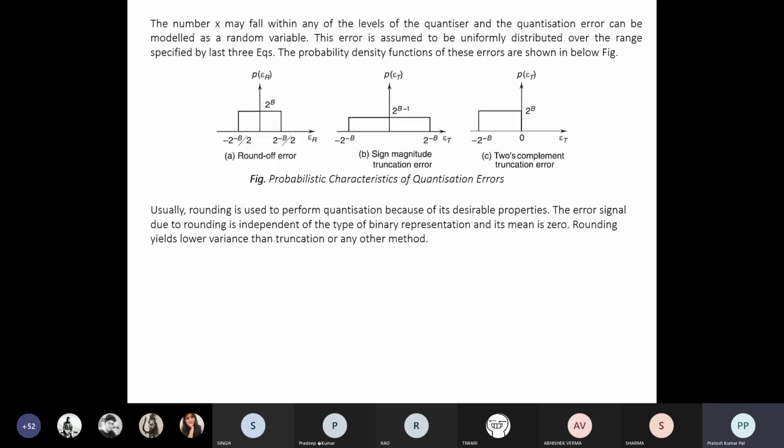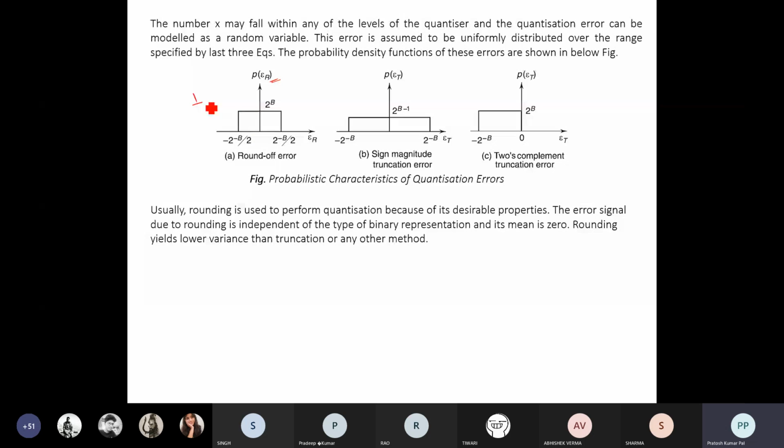So this is the probability density function of the different errors that are available. If it is a rounding error, this rounding error will have a probability density function such that the complete probability should be 1, or we can say the area under this probability curve should be 1.